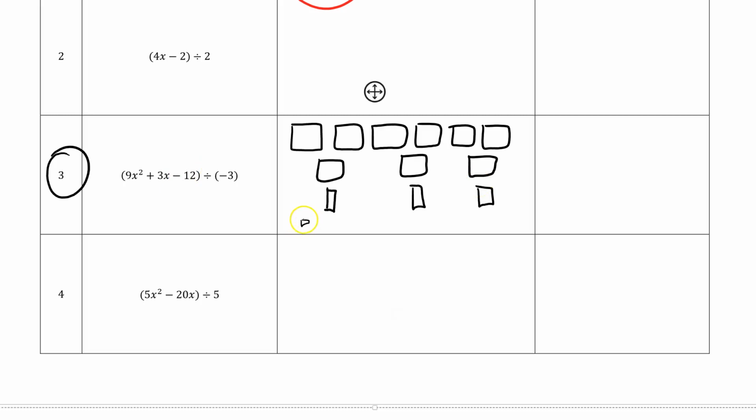So my 12. So 1, 2, 3, 4, 5, 6, 7, 8, 9, 10, 11, and 12. And I'm just going to color them the way that they should be in my bracket here. So this is +9, so all of these guys should be colored in.